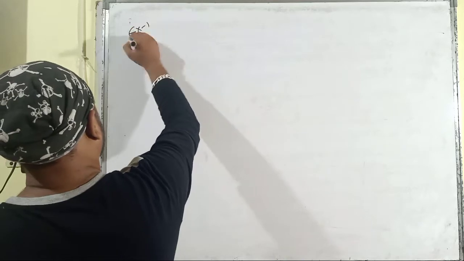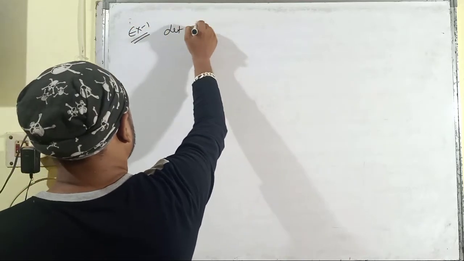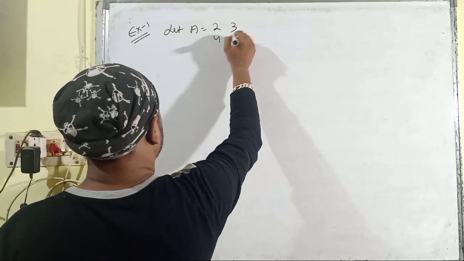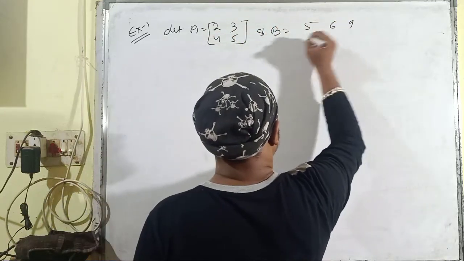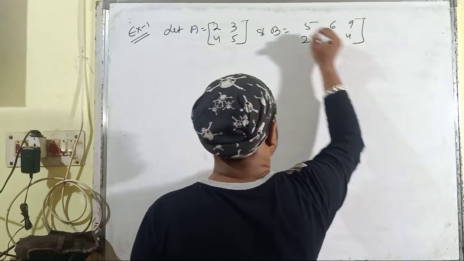Here is example number 1. Let A be equal to 2, 3, 4, 5 and B is equal to 5, 6, 9, 2, 8, 4.